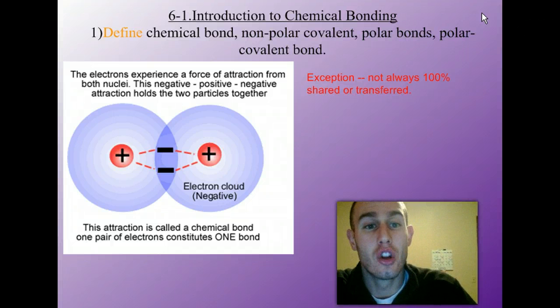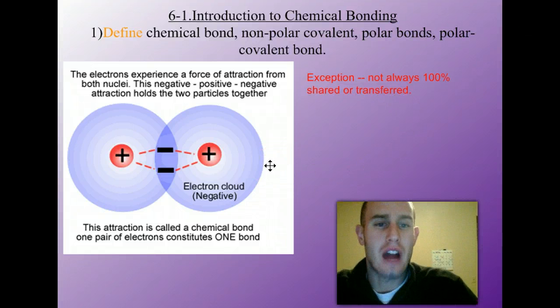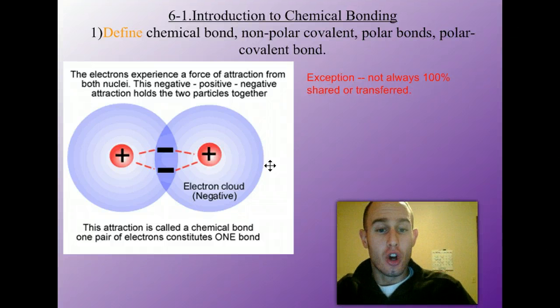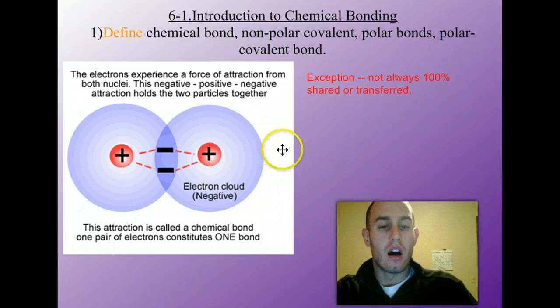Well, if you take a look here, we have this diagram. It's basically describing to us how a bond can occur and why it occurs. Basically, electrons are attracted to the nucleus of the atom.